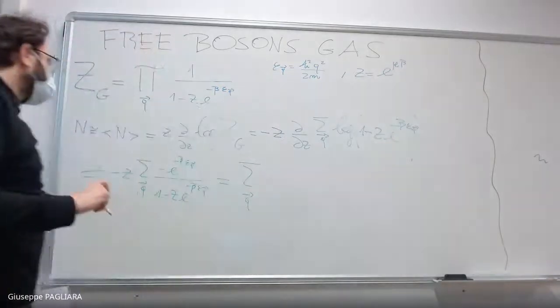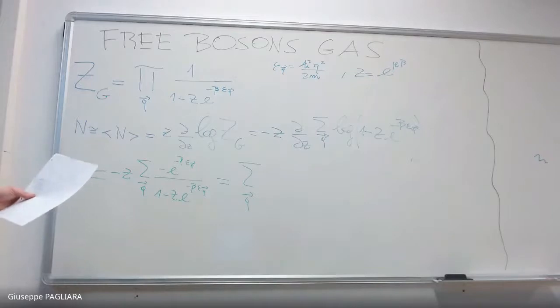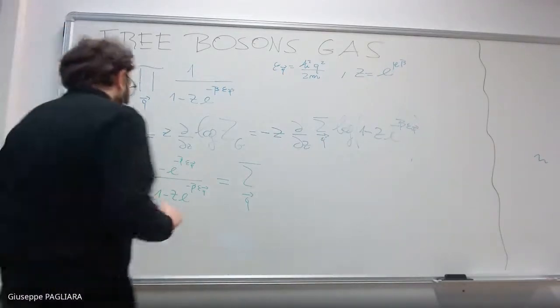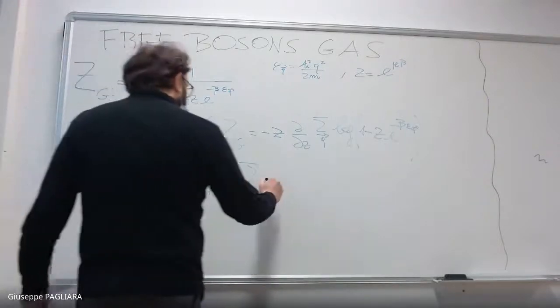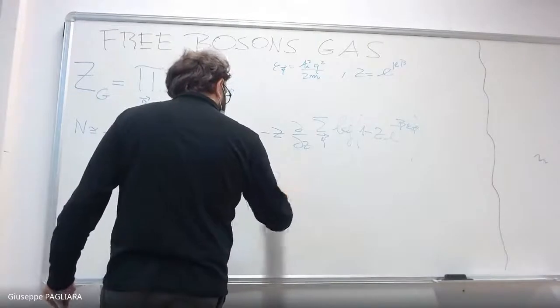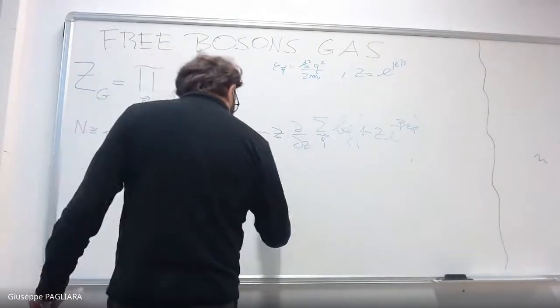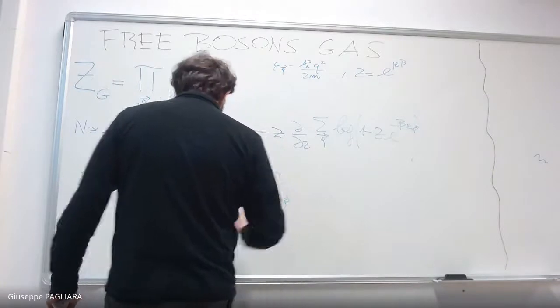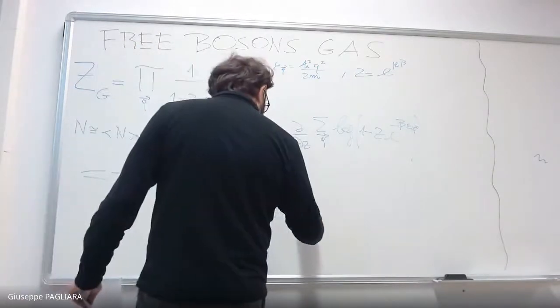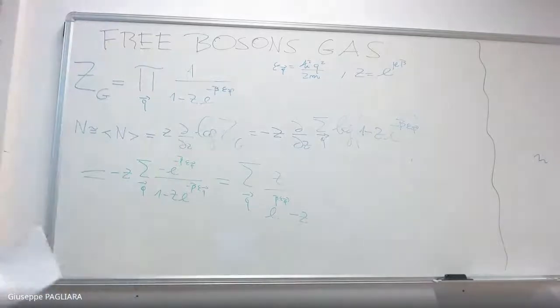Okay, let's do it. So this is z, and here I have e to beta epsilon q minus z.